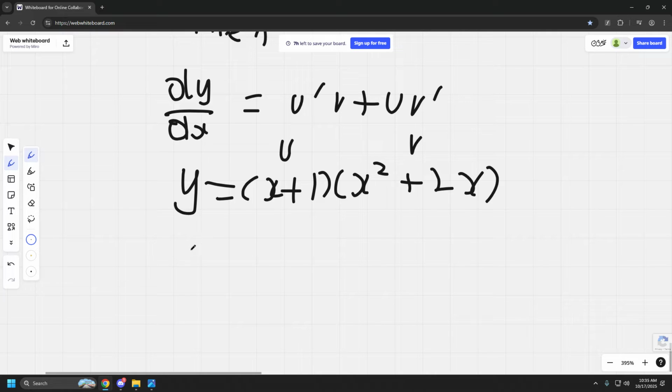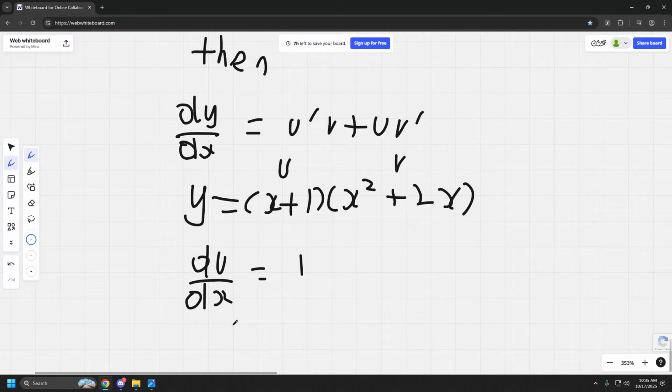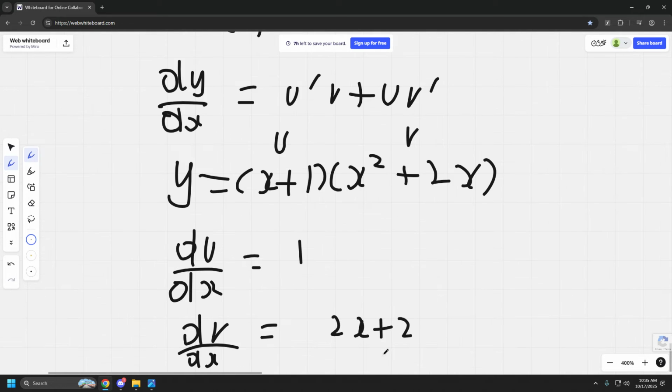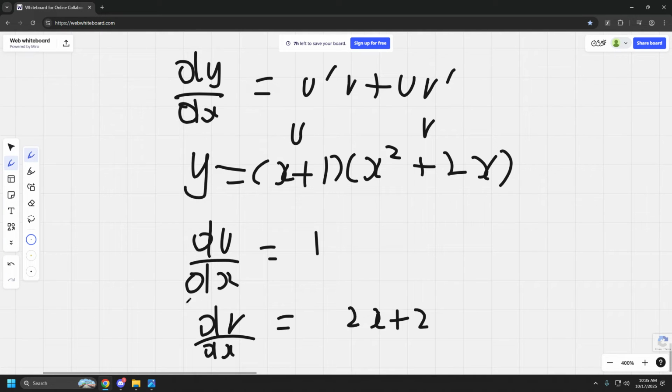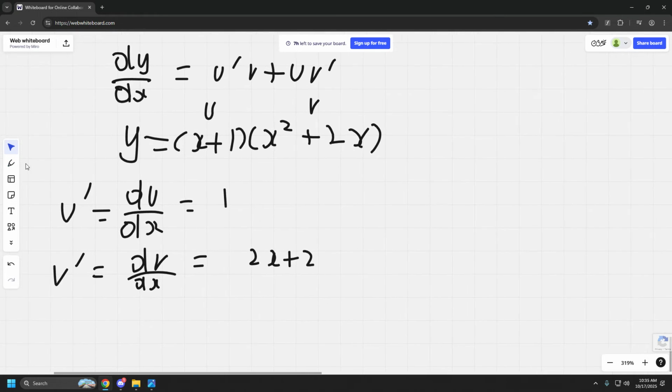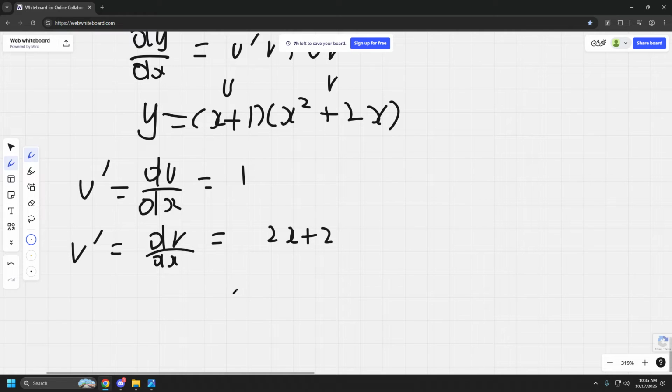That means du/dx is equal to 1, and dv/dx is equal to 2x plus 2. Also, du/dx is the same thing as u prime, and dv/dx is the same thing as v prime. Okay, so now we can solve.